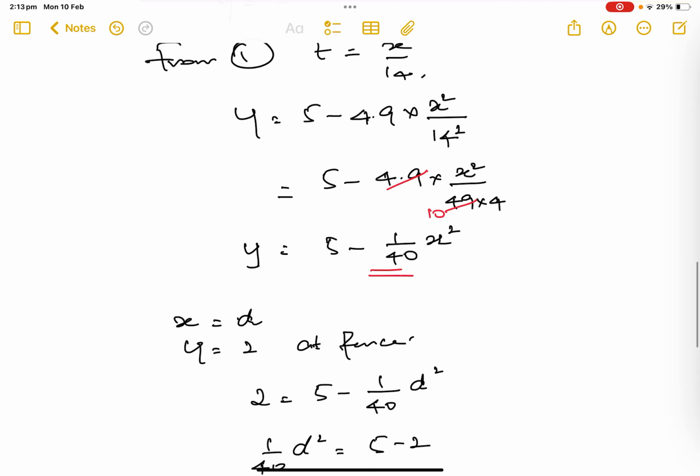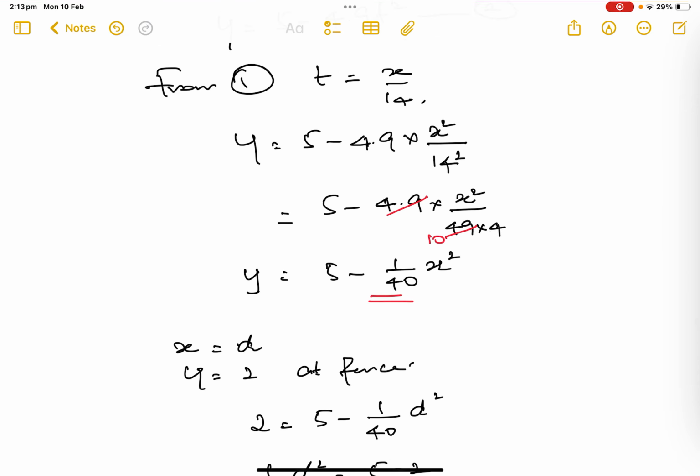So we know the function for y, the relationship between x and y.